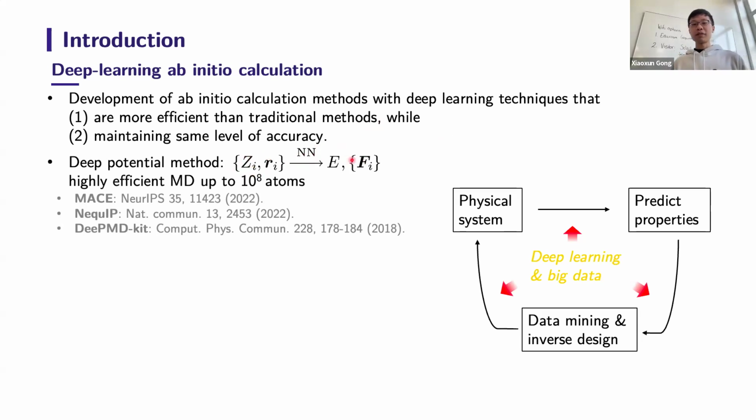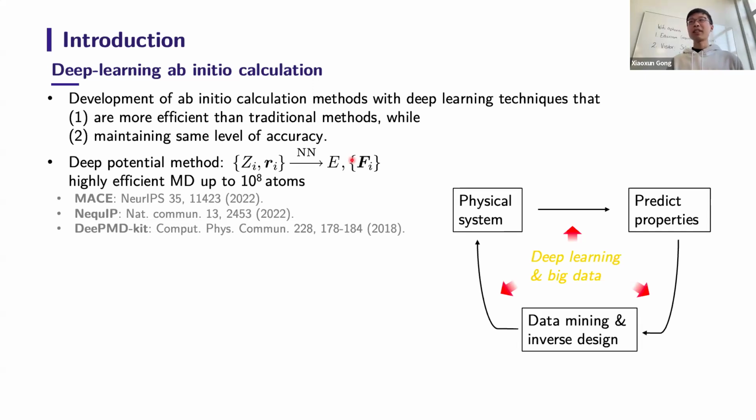One of the most successful examples is the deep learning potential method, where we use neural networks or machine learning methods to learn the mapping from the input atomic species and coordinates to the output energies and forces. When we have the total energy and forces of structures, we can do a lot of things. For example, the deep potential method has already enabled efficient molecular dynamics simulations for systems of up to 100 million atoms. When we can do molecular dynamics at such a large scale, we can do unprecedented applications like drug design and chemical reaction simulations.